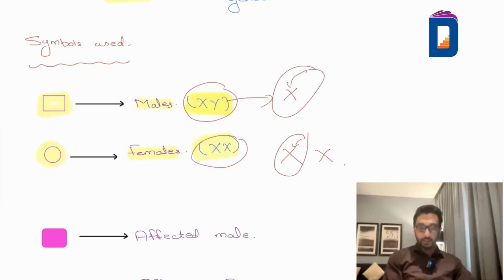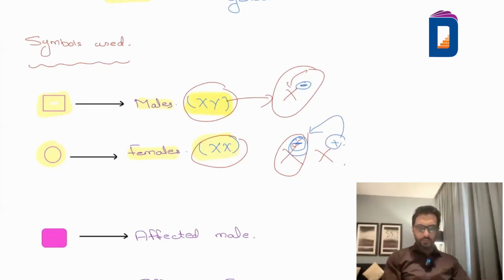On the other hand, in males, even if it is a recessive one, which I'm shading blue, it's going to manifest because only one X chromosome is there. Whereas in females, as they have two X chromosomes, if it is recessive, then the other one is going to dominate. The diseased gene, the diseased trait is going to hide itself, and the non-diseased trait is going to get manifested.